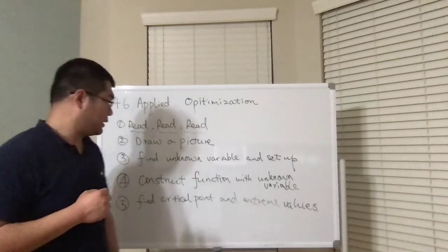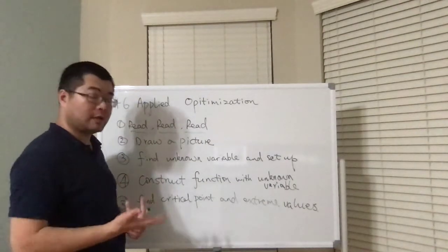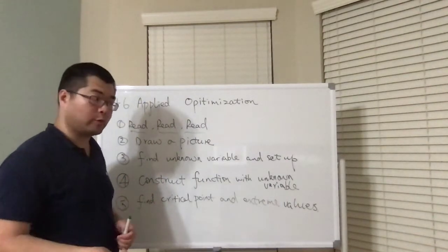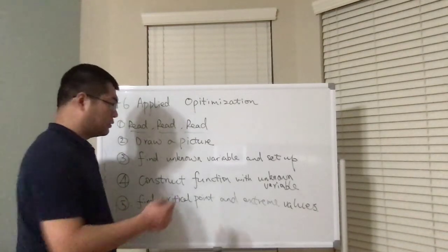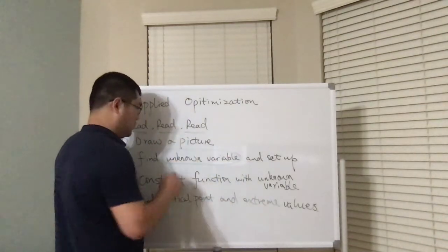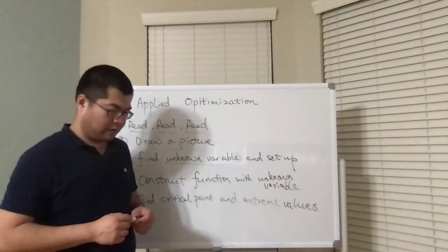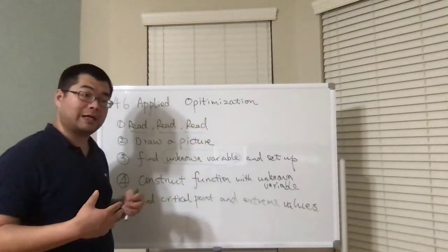Okay, and after that we start to think. We read the problem very well, and then we draw the picture, and then we start to find, okay, what is the unknown variable? In other words, there's something I don't know that the problem wants me to figure out.